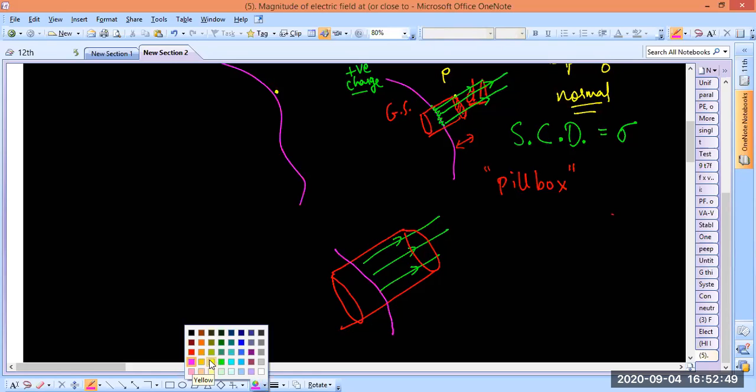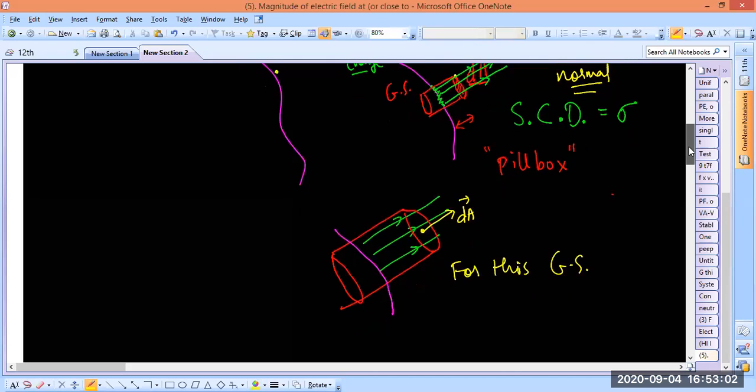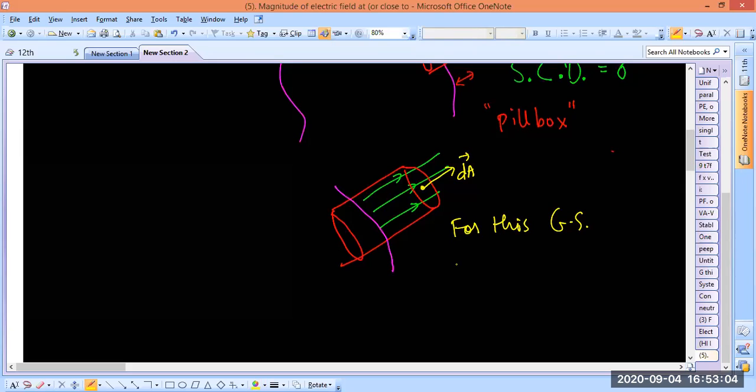So now over here the dA or area vector is also in the same direction. For this Gaussian surface, if we use Gauss law, then Gauss law says that phi is equal to sigma q enclosed divided by epsilon 0.